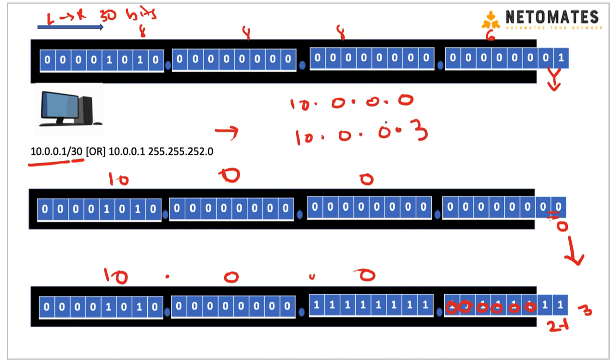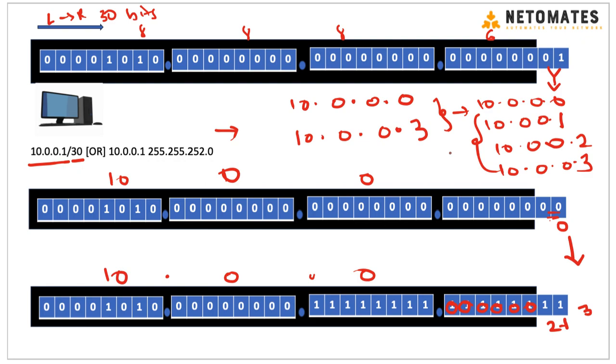So that means, how many IP addresses does it have? Simply the first address, and the next one is 1, another one is 2, another one is 3. So there are only a total of 4 IP addresses in this subnet.